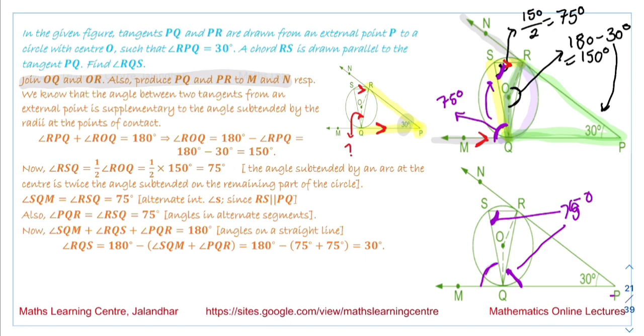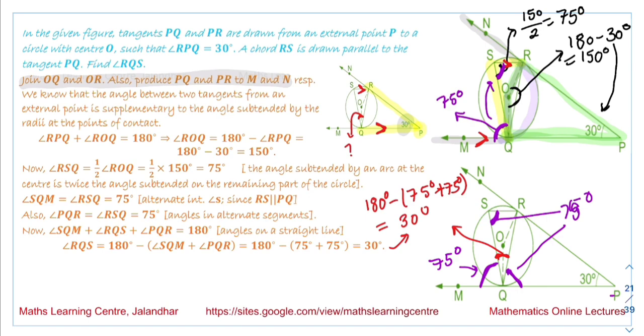The angle we have to measure is this angle, so this will be 180 degrees minus 75 degrees plus 75 degrees, and on solving we get 30 degrees, and this is the required angle.